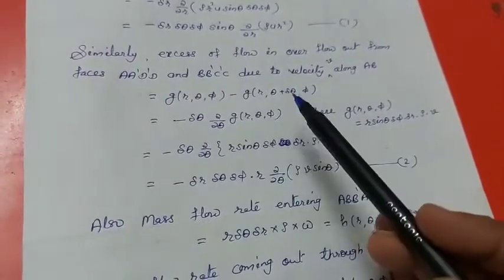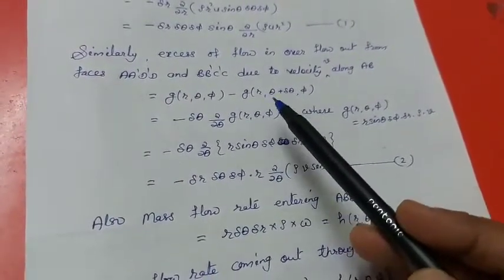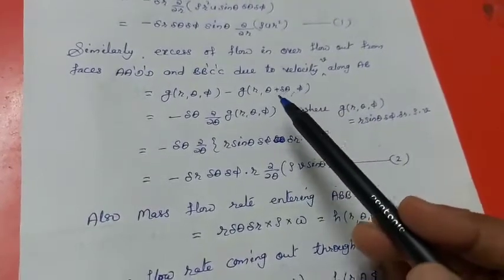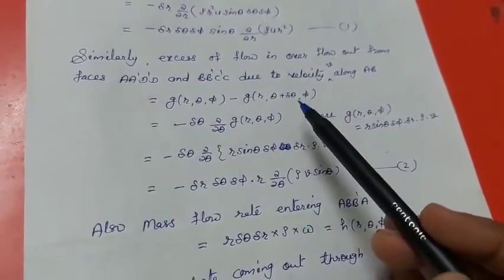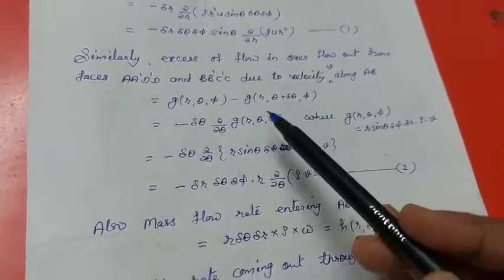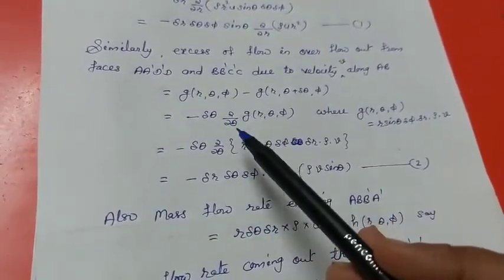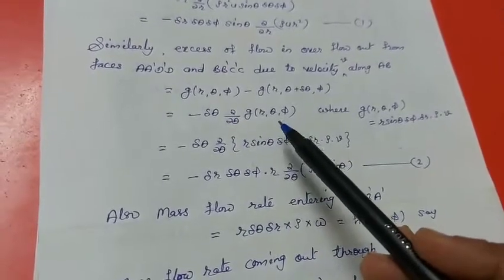So after expanding this g of r, theta plus delta theta, phi by Taylor's theorem, and once again neglecting higher order terms of delta theta, we have minus delta theta del by del theta of g of r, theta, phi.